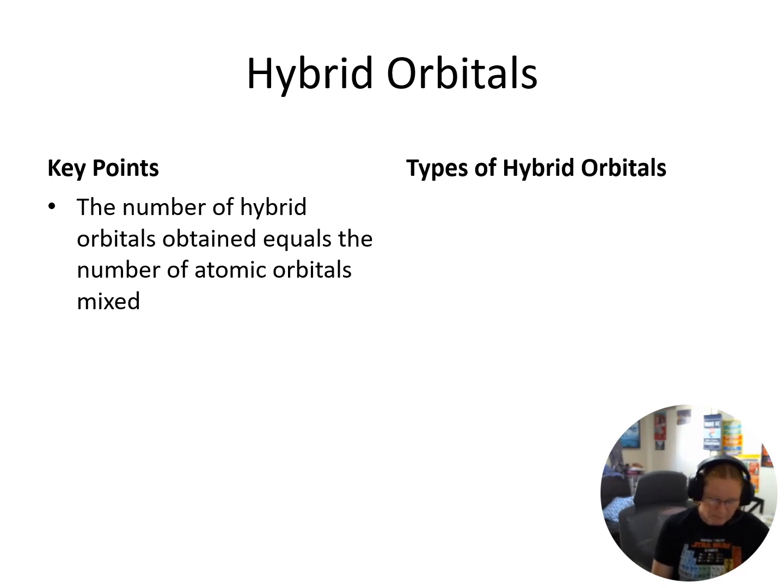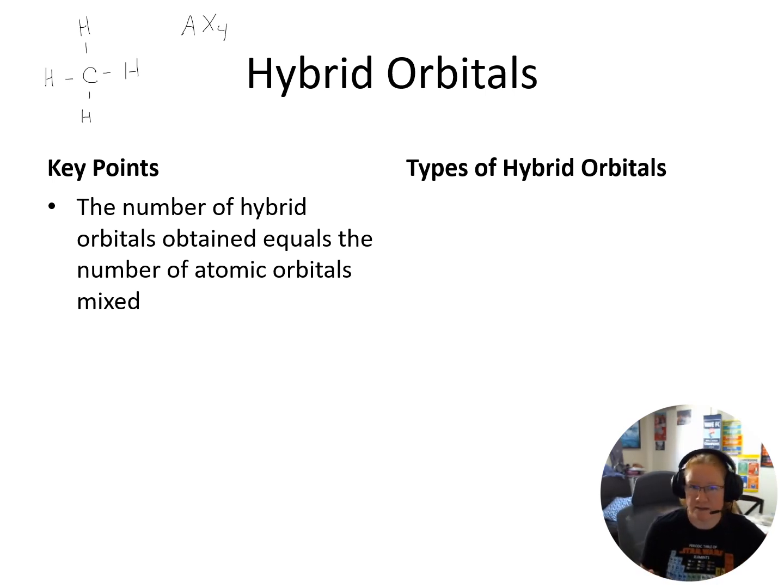Let's go back to that methane. If we assess the geometry, we have a central atom and 1, 2, 3, 4 surrounding atoms and no lone pairs. So that AX4 means that I need 4 places to put electron groups around my central atom.